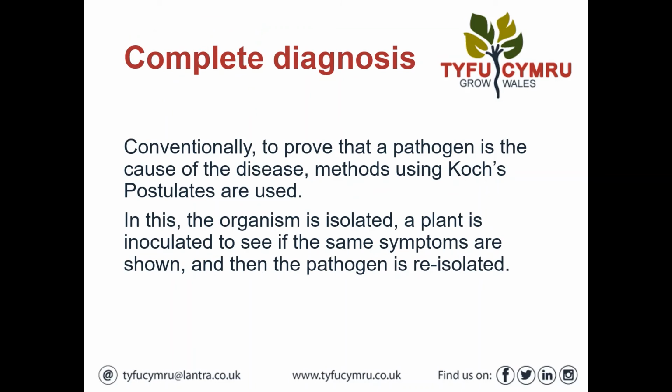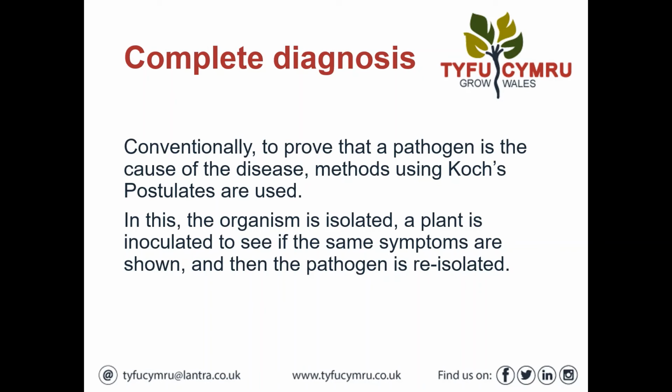Now, to have a complete diagnosis, it's conventionally been the way to prove that the pathogen is the cause of the disease. And the scientific method for doing that is one that follows a series of stages called Koch's postulates.